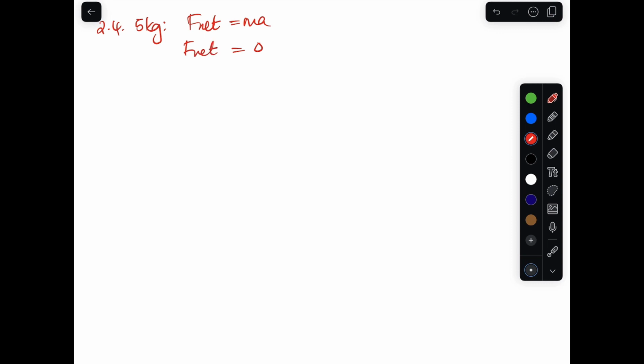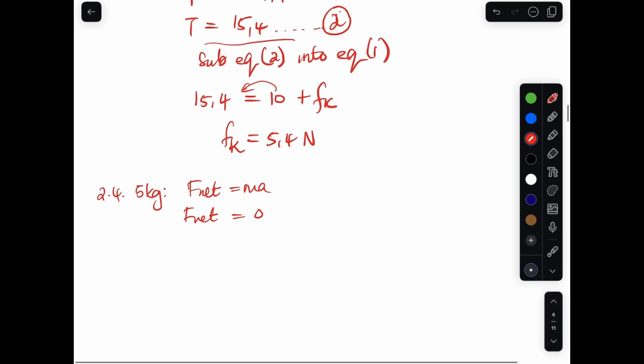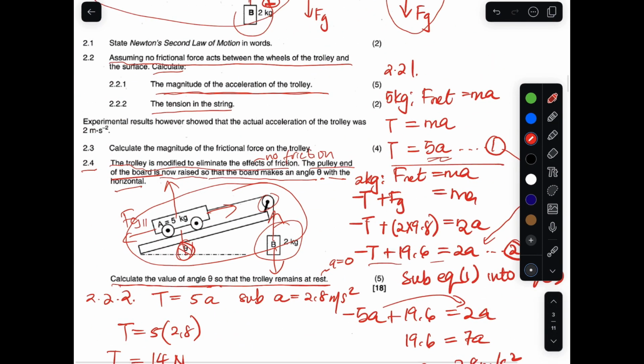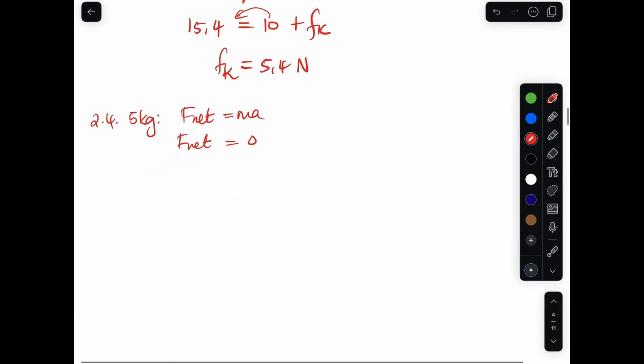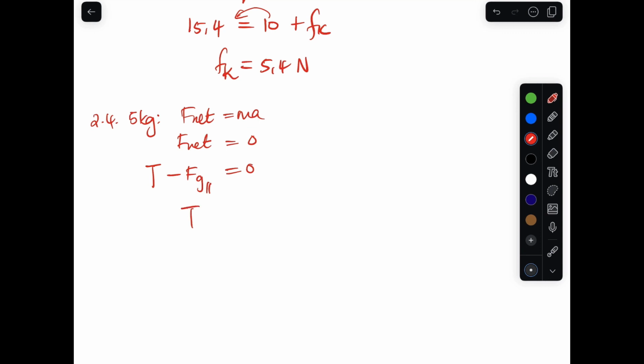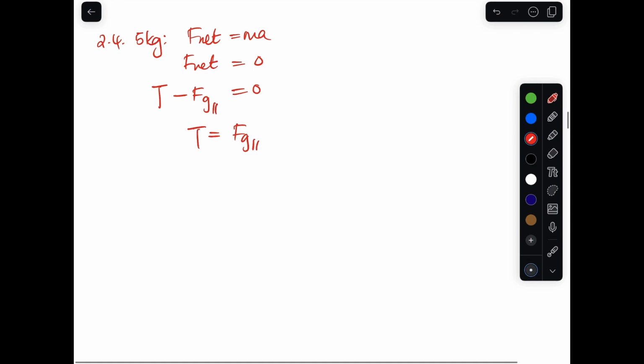And then the forces acting on the 5 kg, if we choose this direction as positive, the tension force will be positive there, and the Fg parallel going down the slope will be negative, equal to 0. So tension force is equal to Fg parallel. They're equivalent.